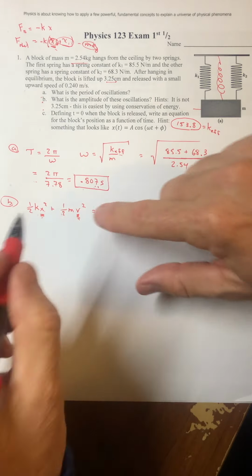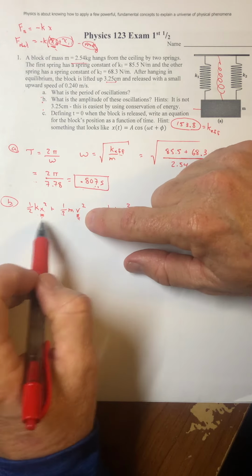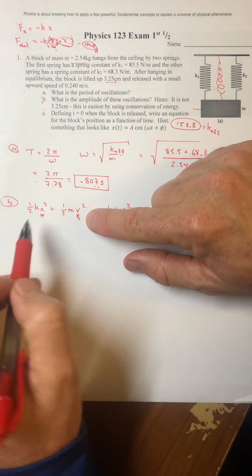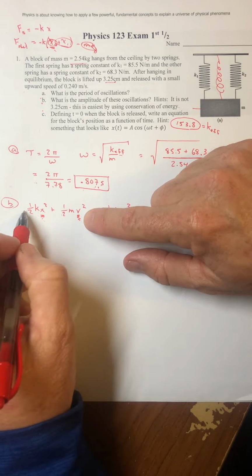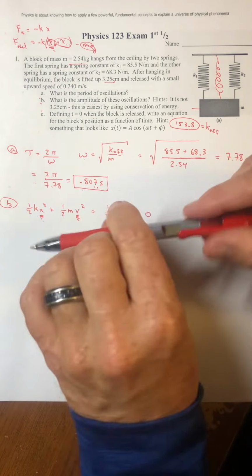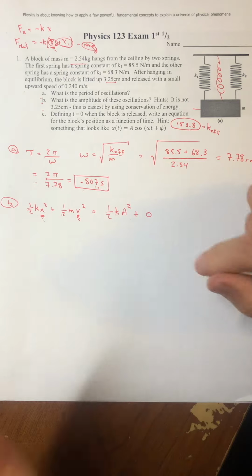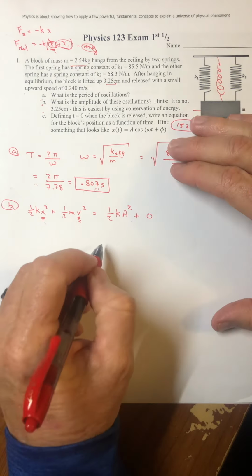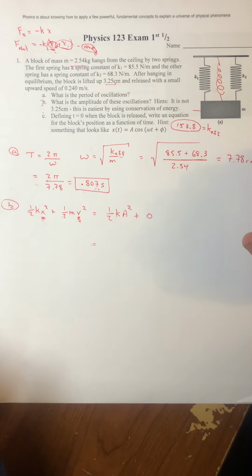So we can use its position and its velocity when we nudge it to get its total energy, and realize that that's the total energy it's going to have later on when it gets all the way up to its full amplitude. And that's how we can solve for amplitude.